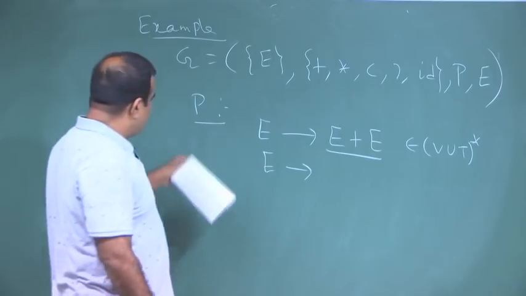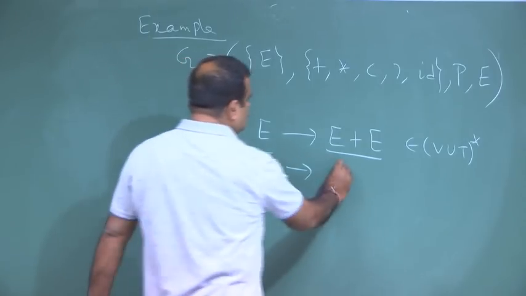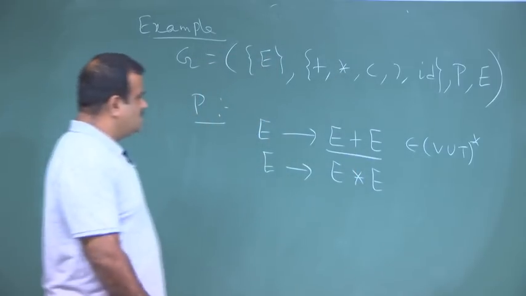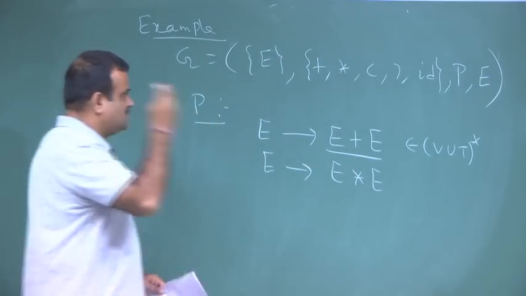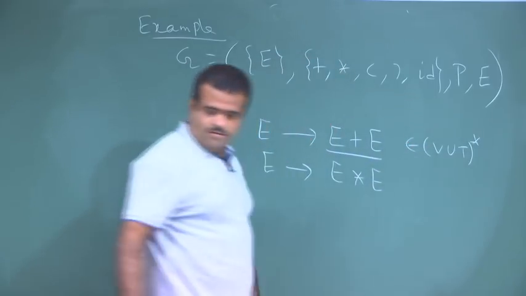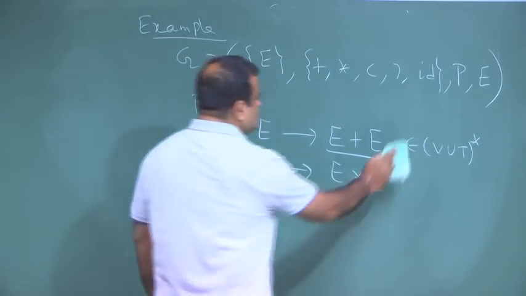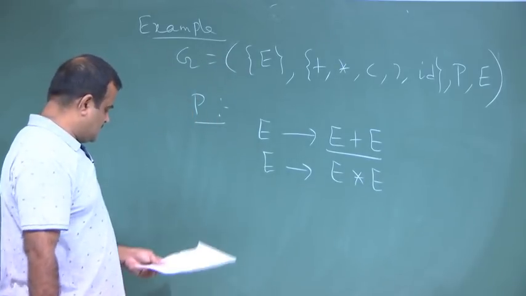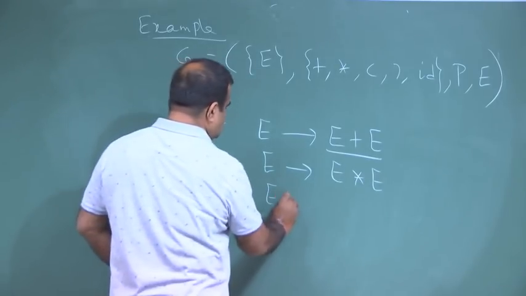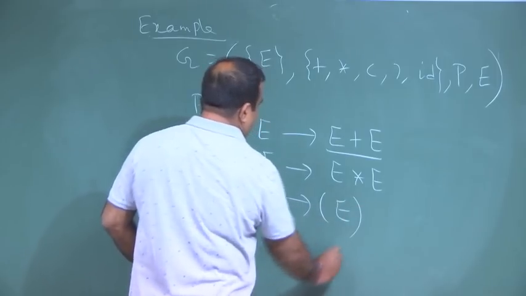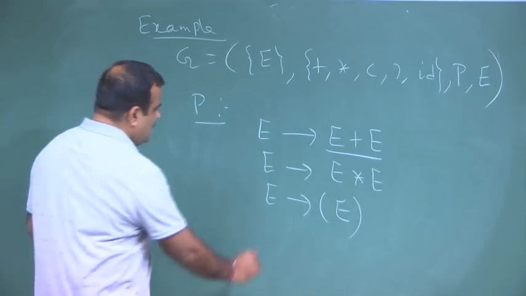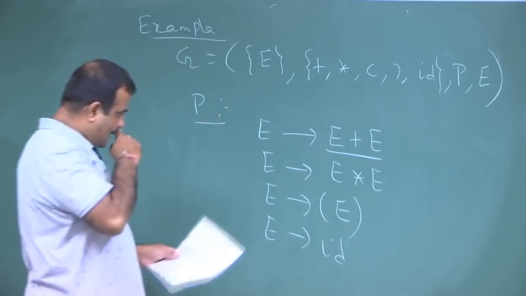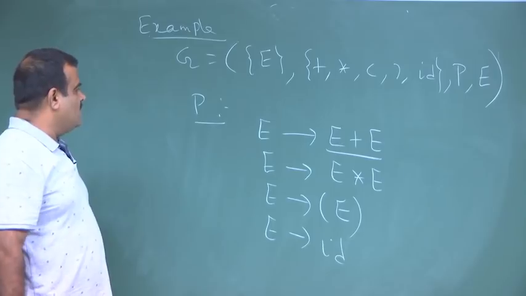So, P consists of the rules. E goes to E star E. This star has nothing to do with the other star; it is a symbol star, it could be multiplication in the arithmetic sense. Then E goes to (E), and E goes to ID. These are the 4 rules we have. Okay.